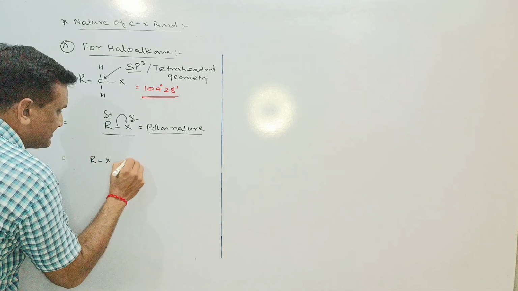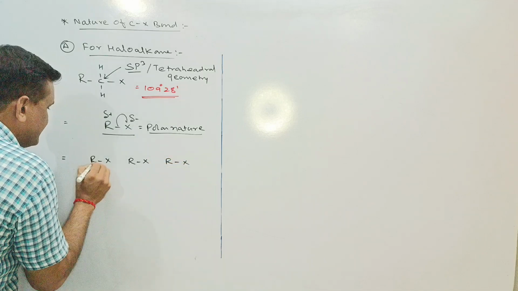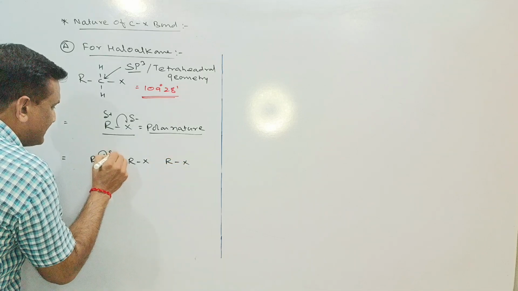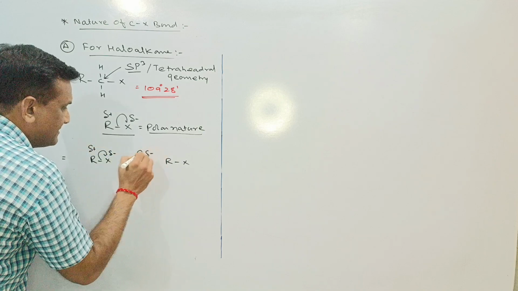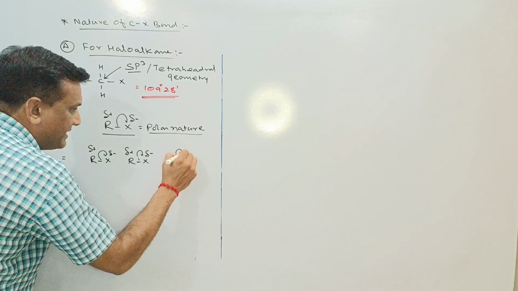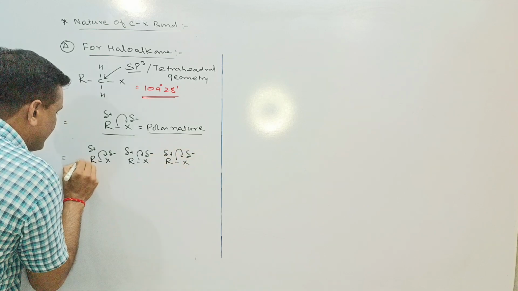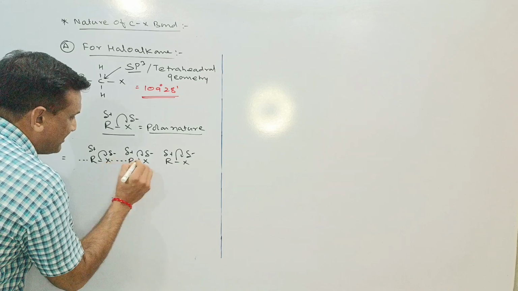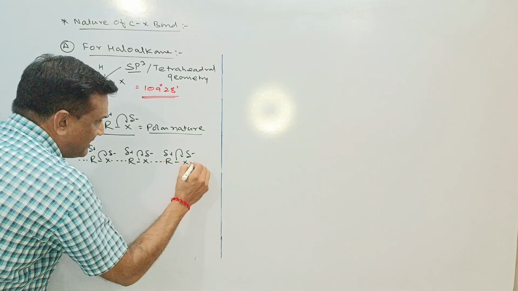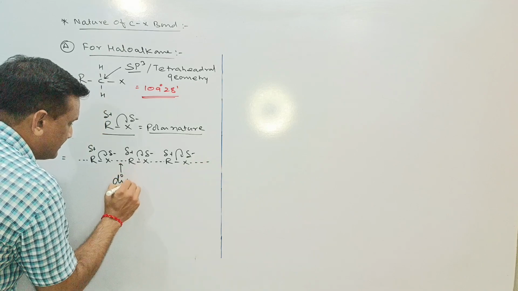This is RX, this is RX, this is RX. So due to partial charges of minus, plus, minus, plus, there will be a force of attraction. The positive one will attract this negative, and this negative will attract this positive. So here there will be the presence of a bond as dipole interaction force.